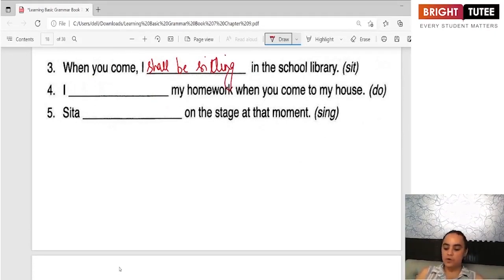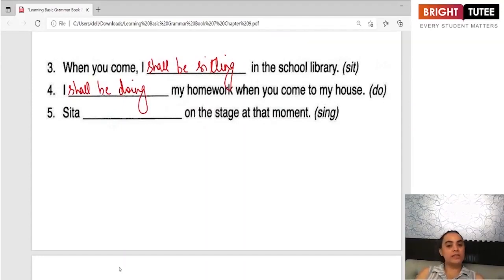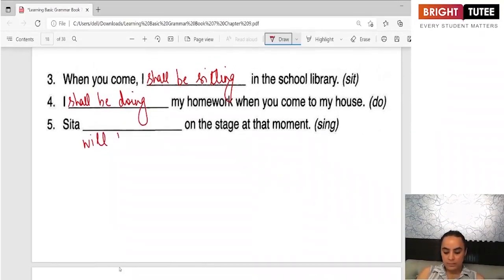I dash my homework when you come to my house. I shall be doing my homework when you come to my house. Sita dash on the stage at that moment. Sita will be singing on the stage at that moment.